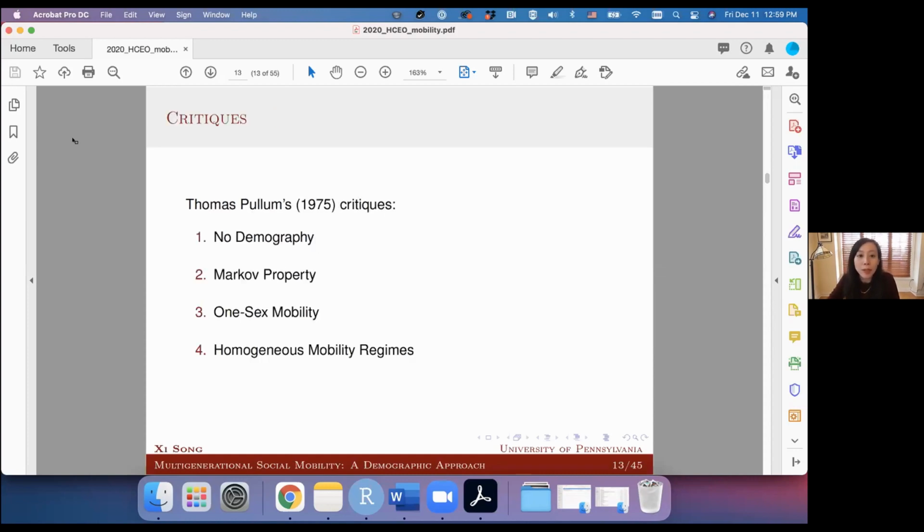But things will be different if we consider demography. Here I borrow some of the critiques by Thomas Parham, who graduated from U Chicago sociology, and I think this derives in part from his dissertation. He listed four critiques of the traditional Markov chain mobility models.